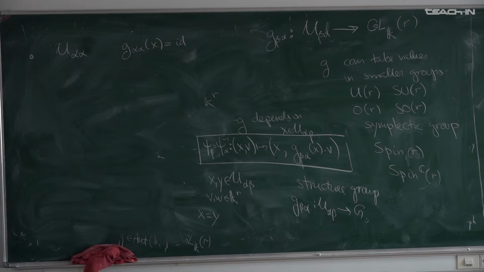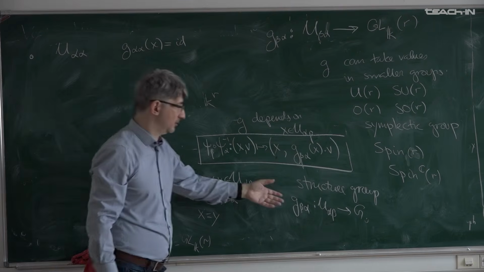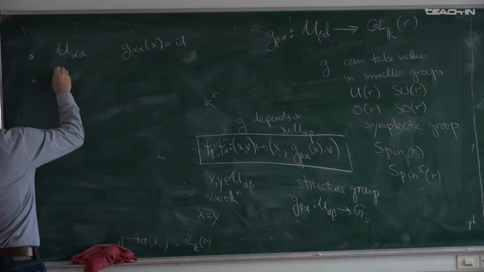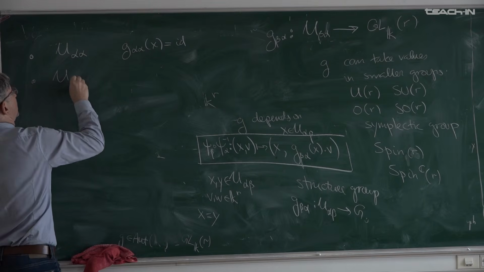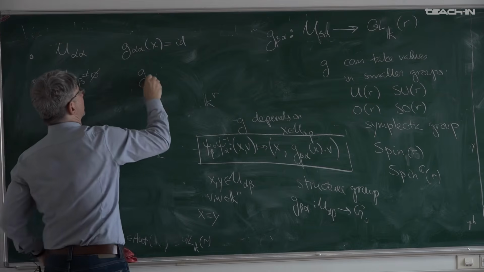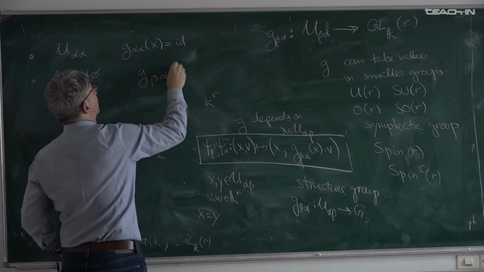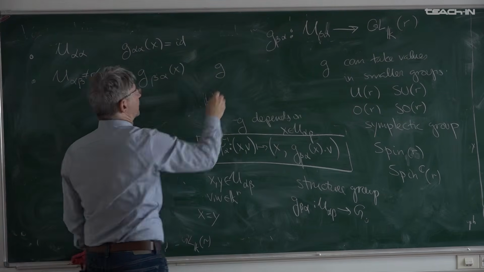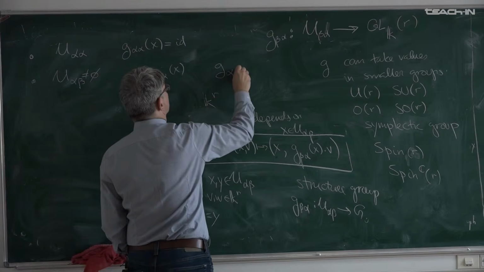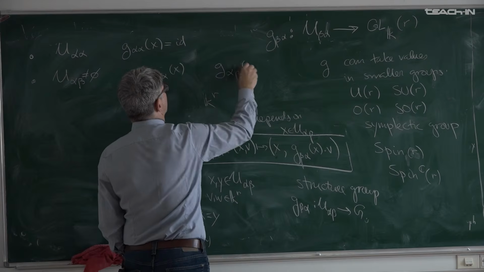You did nothing. You passed from one trivialization to the same trivialization, so you did nothing. So your matrix should be the identity matrix. If you have a non-empty intersection and you have transition function g beta alpha of x, but you can go in the inverse direction and consider the transition function g alpha beta.